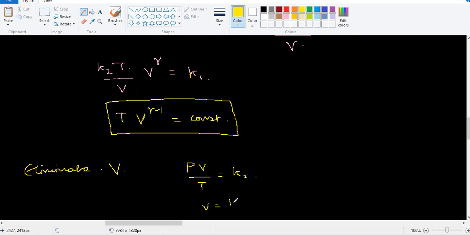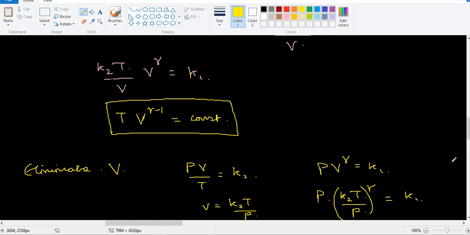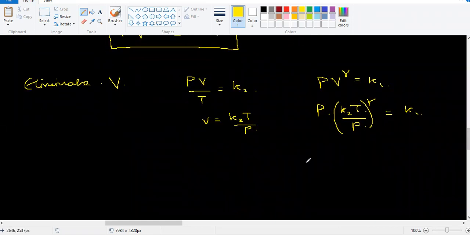So V is equal to K2 into T divided by P. But you also know that PV^gamma is equal to constant. In place of V, I'm going to put K2 into T by P, the whole thing to the power gamma. This is going to become P power gamma, but when it comes to the top, it will be P power minus gamma.